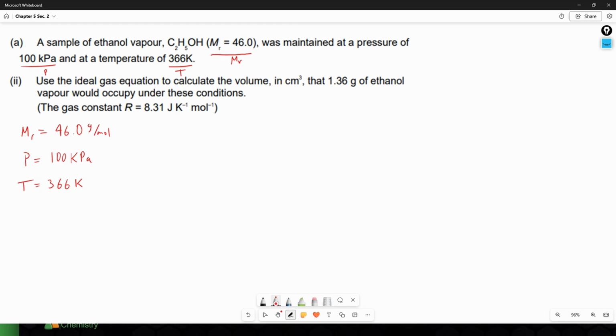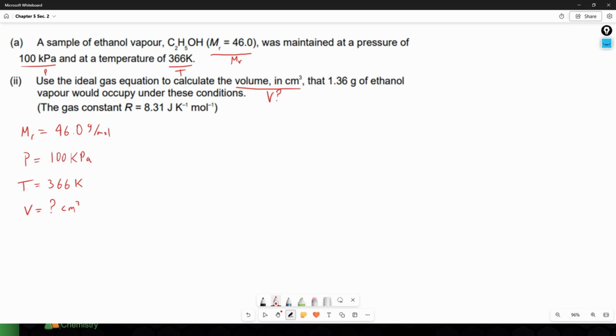And then it says, use the ideal gas equation to calculate the volume. So we're looking for V for volume, but we have to be very careful because we're not looking for V in meters cubed. We're looking for V in cubic centimeters. So we have to be conscientious that when we calculate the answer, it will be in cubic meters and then have to be converted.